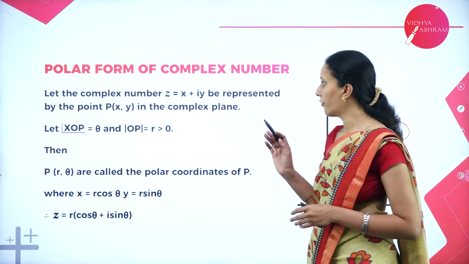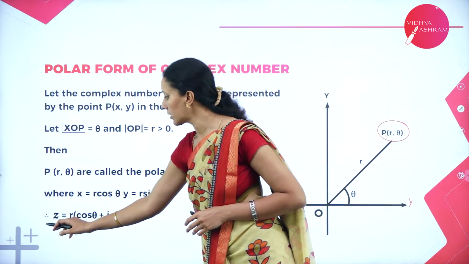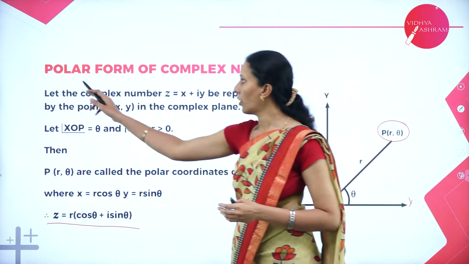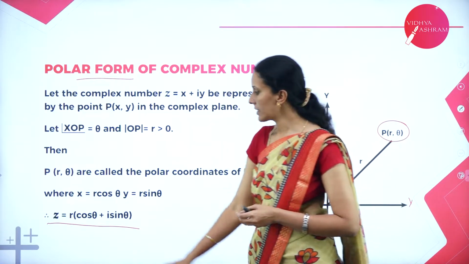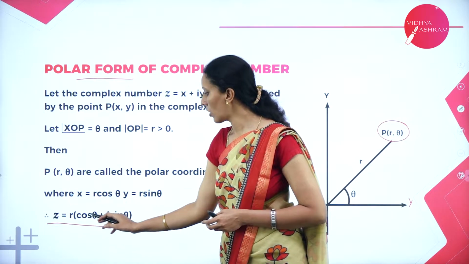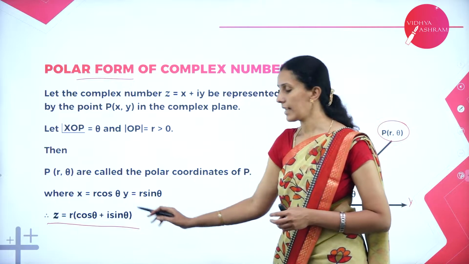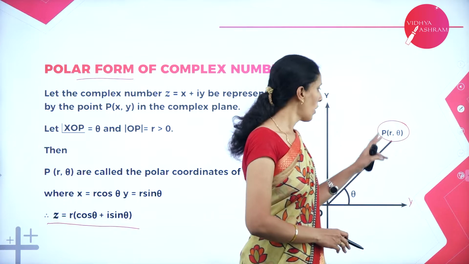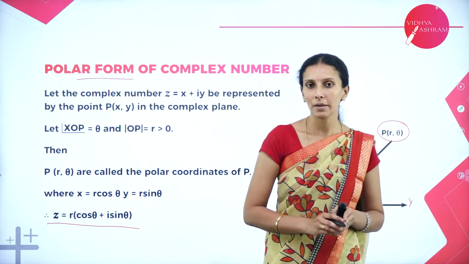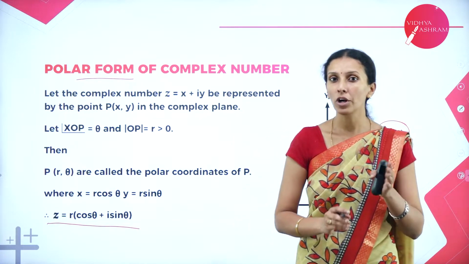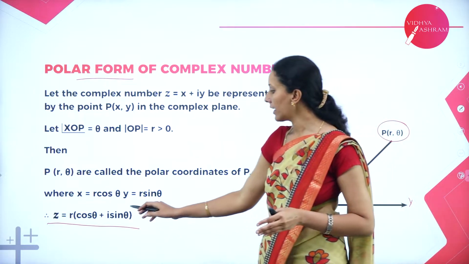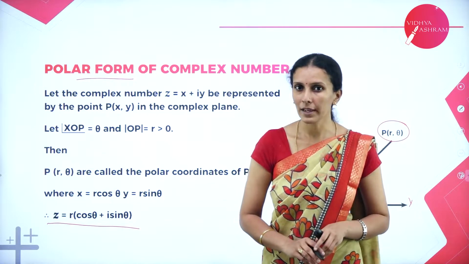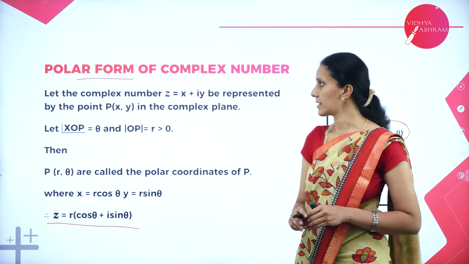The formula for the complex number in polar form is z is equal to r into cos theta plus i sin theta. As I said, r is the distance of a point from the origin, found by taking the modulus of the complex number, and theta is the angle of inclination made by the complex line to the x-axis.